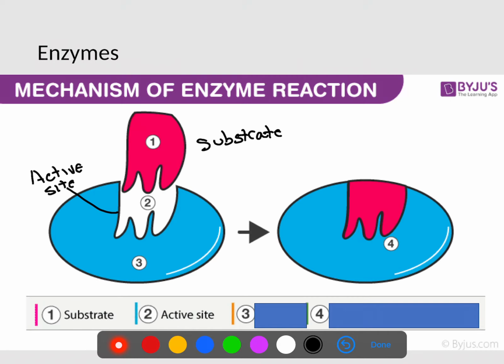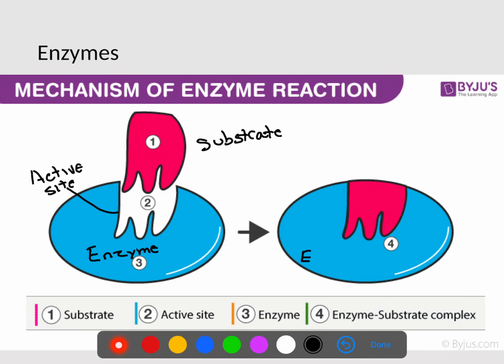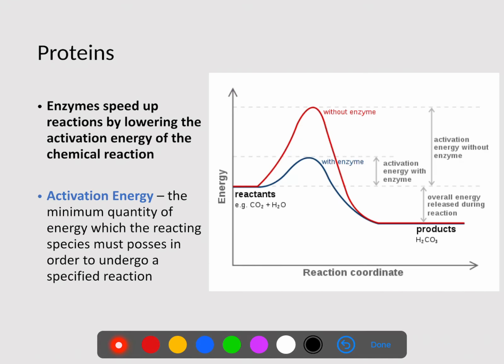Again, where the chemical reaction occurs. The third one there, that is our enzyme in general. It takes the shape, it helps speed up reactions. And then finally, we have our enzyme substrate complex. So again, this is when the whole thing comes together and the chemical reaction begins to occur.